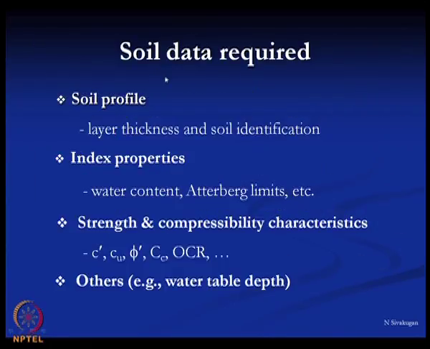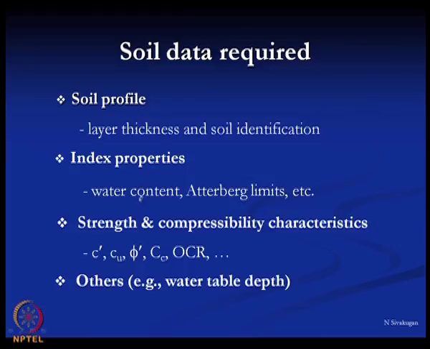Now, before we go for the soil exploration, we should know what soil data are required. As I mentioned, the soil profile, that means the thickness and soil identification, is important.